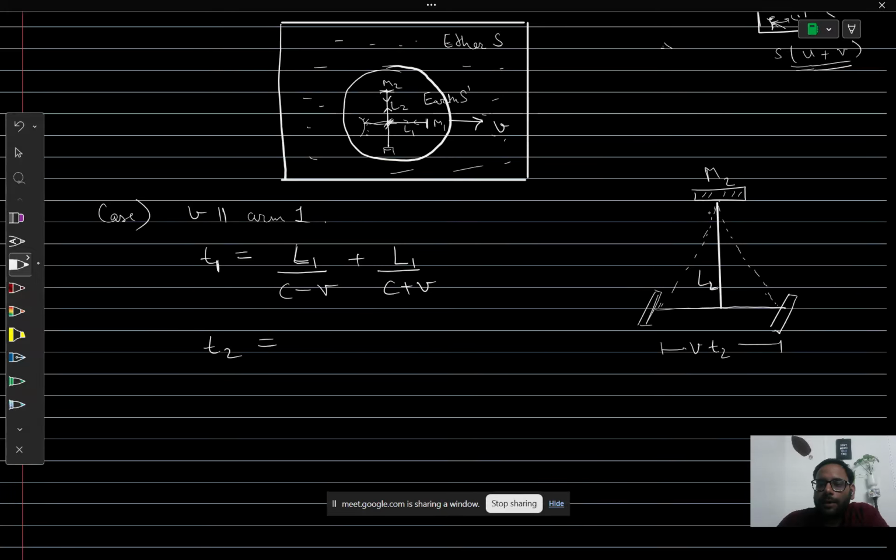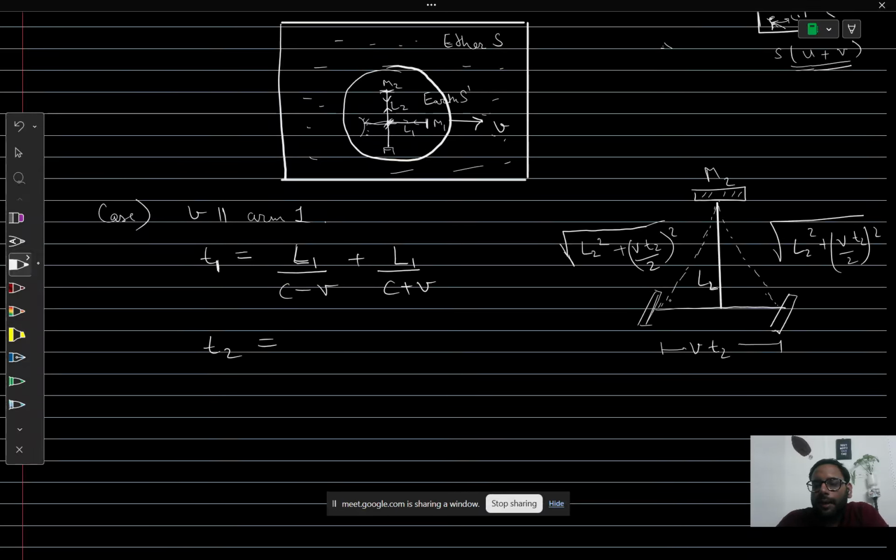So what will be the hypotenuse through the Pythagoras theorem? It will be the square root of L2 squared plus (Vt2 by 2) squared, right? Am I correct? And this is the same.